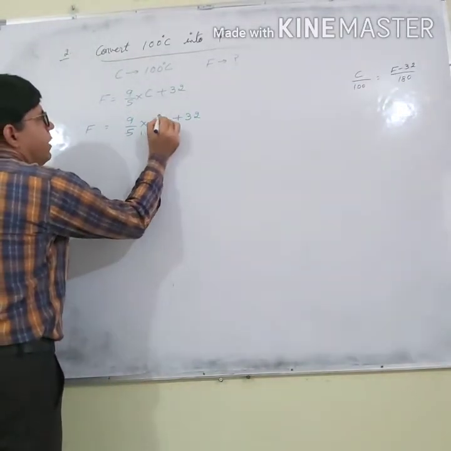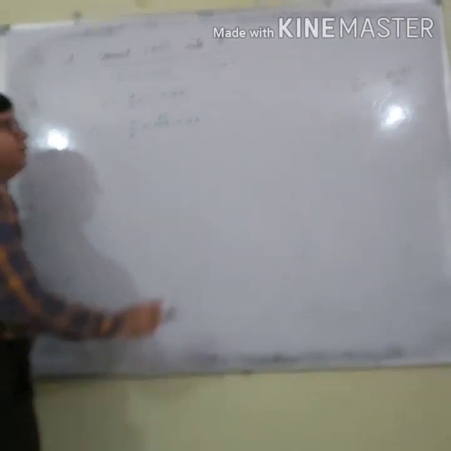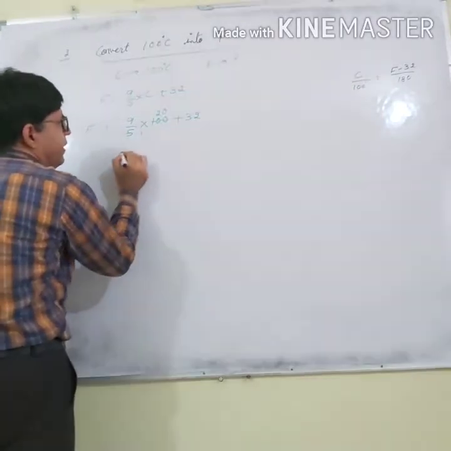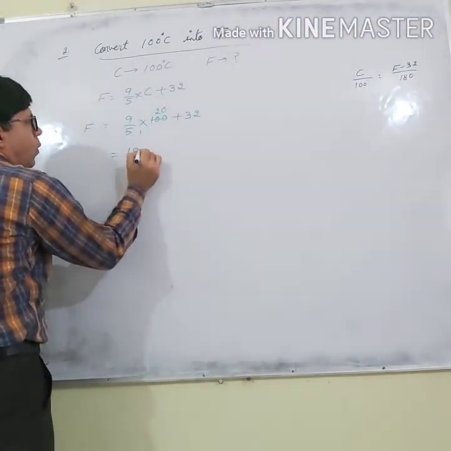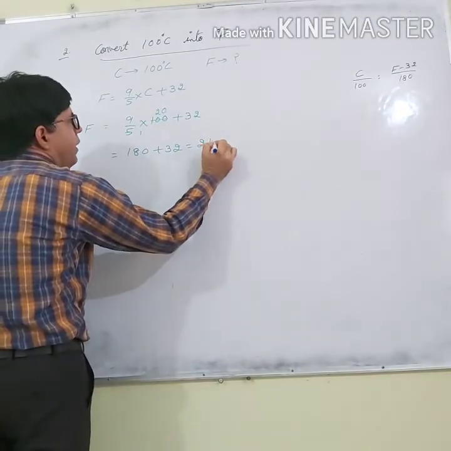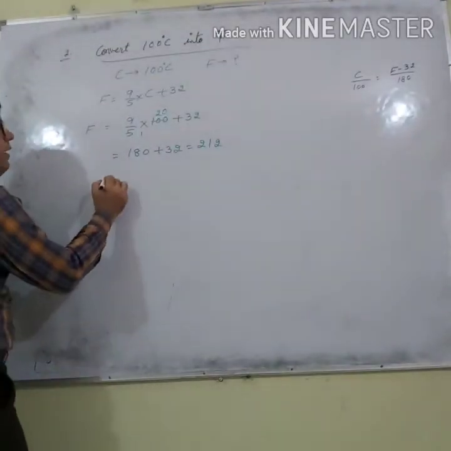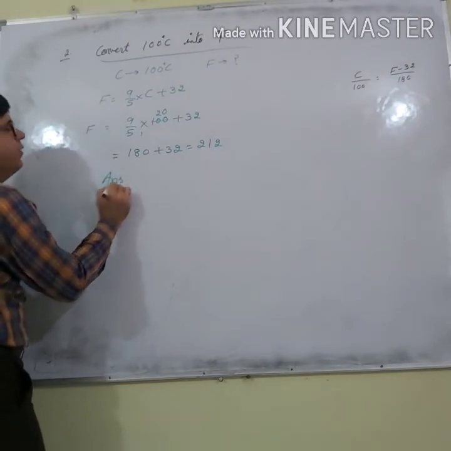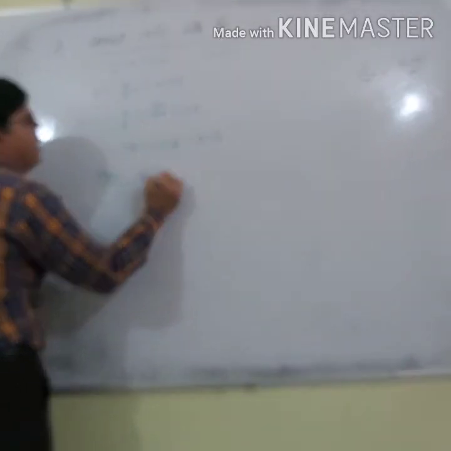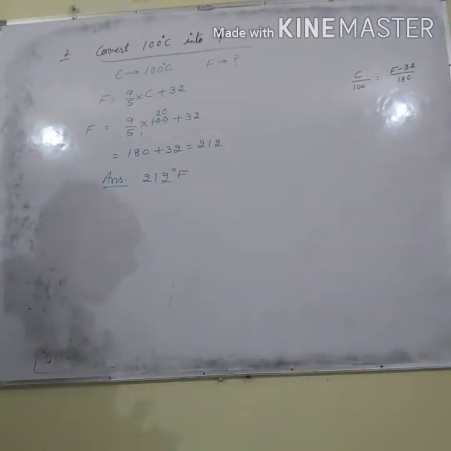It is going on the table of 20. 25 is 100. So it will be 180 plus 32. So how much is this? 212. So I can say my answer is 212 degrees Fahrenheit.